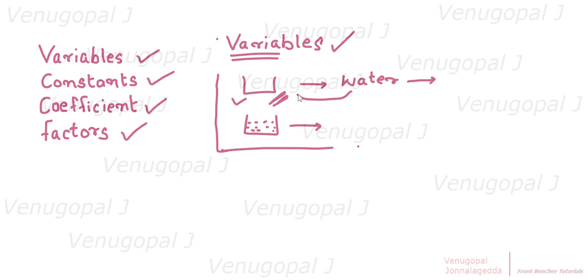It carries water. So a variable in mathematics carries values. And you can name anything as a variable. I'll give you a few examples.